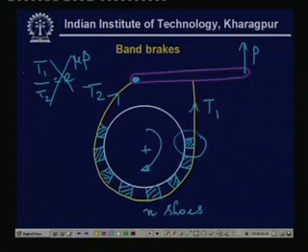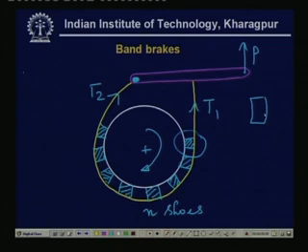So, let me now write down the free body diagram of one such block. We have T1 here and this is T1 prime, let us say, which is different from T1.